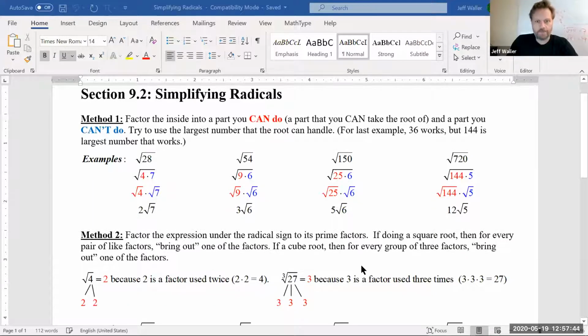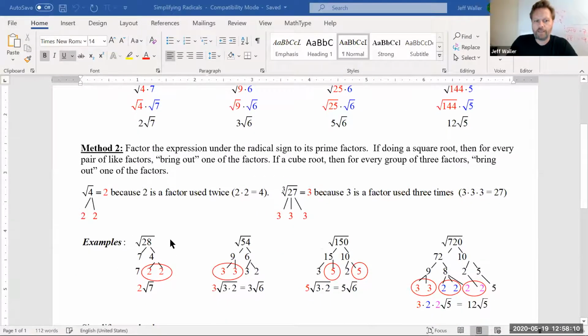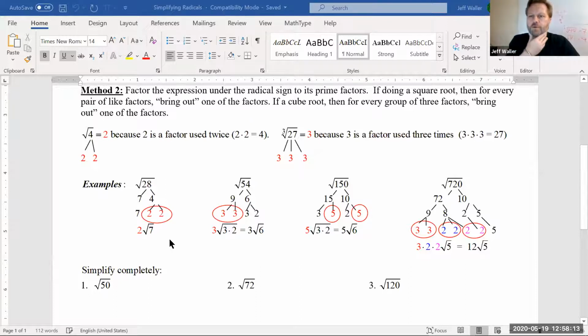So this is on Canvas. I actually show you 2 different methods. I really push this method hard, and this is the method we've been using. So for example, 54 is 9 times 6. The square root of 9 is 3, and the square root of 6 I can't do. Do you guys see the idea? All right. I took each one of these and I did it a different way. Let me ask you this. Why can I do the square root of 9 but not the square root of 3? Because what does 9 have in it?